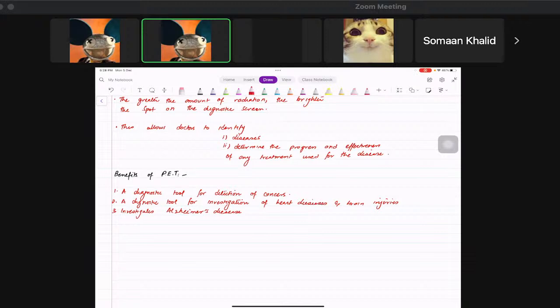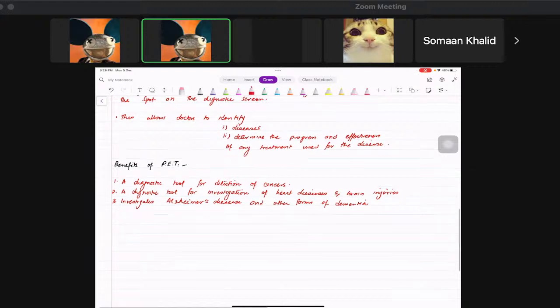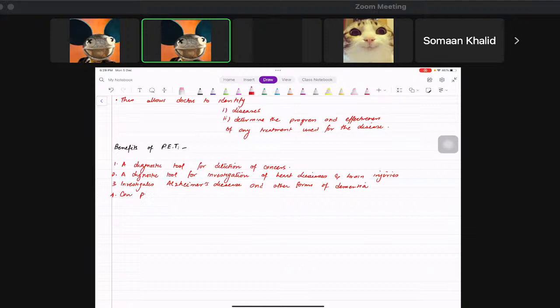Okay. And other forms of dementia. Number four, can pinpoint molecular activity within patient body rather than looking from outside.